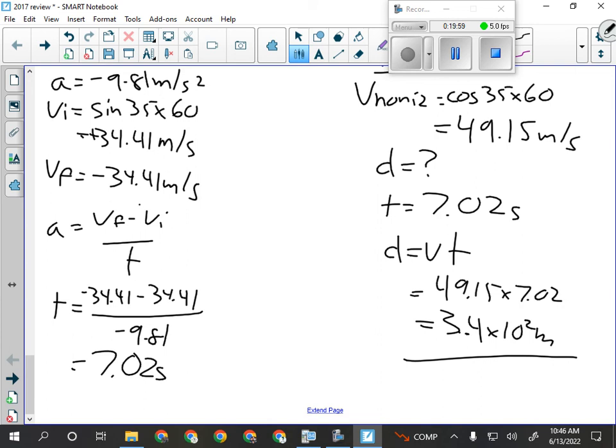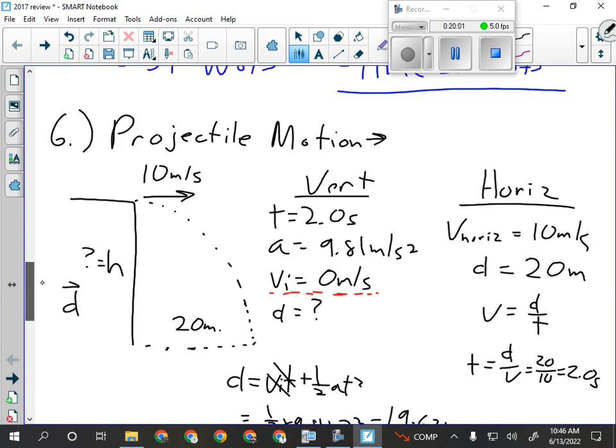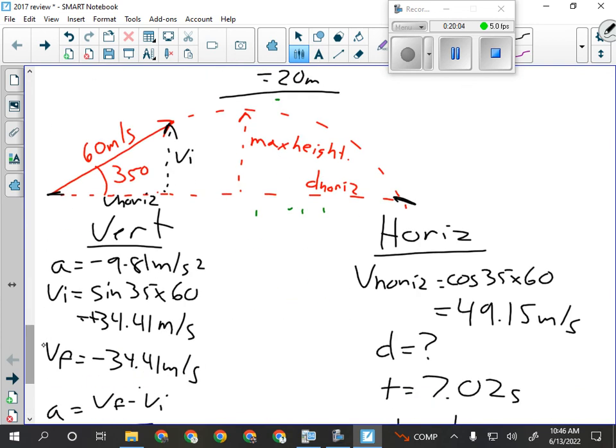Okay, what changes if I want to calculate the maximum height? Now VF is 0. Now VF is 0, yes. Or time is half of what it was before. It depends which way you want to solve it. They're both equally valid. Okay, my preference on that is to use this formula here. VF squared equals VI squared plus 2ad, and just solve for d.